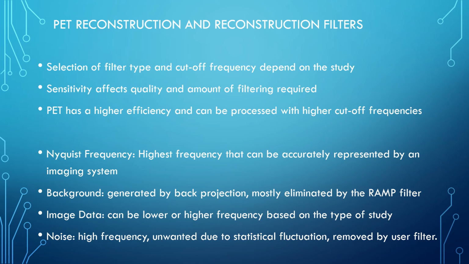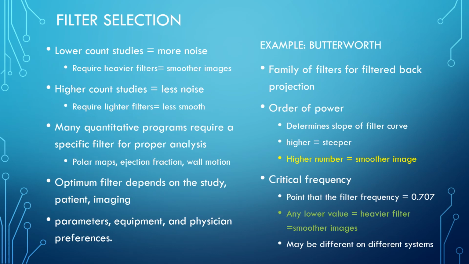We want to remove as much noise as we can to increase our image quality. So lower count studies will lead to more noise. This requires heavier filters and more filtering to smooth out the images. And then higher count studies will naturally have less noise, so they require lighter filters and less smoothing.